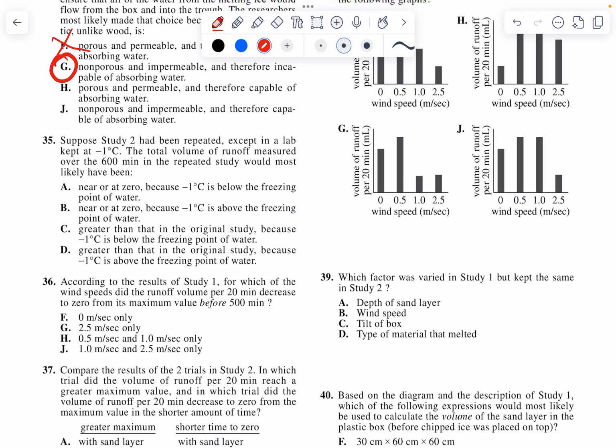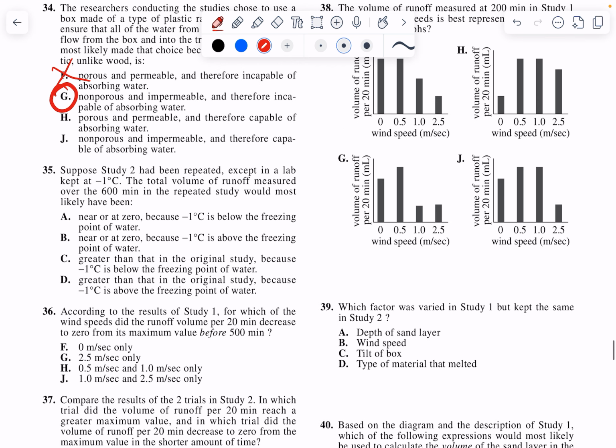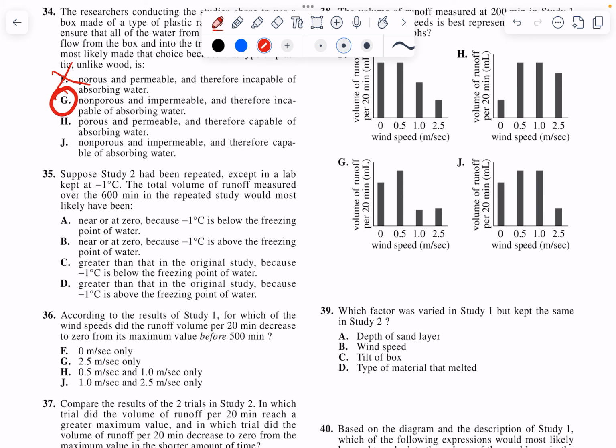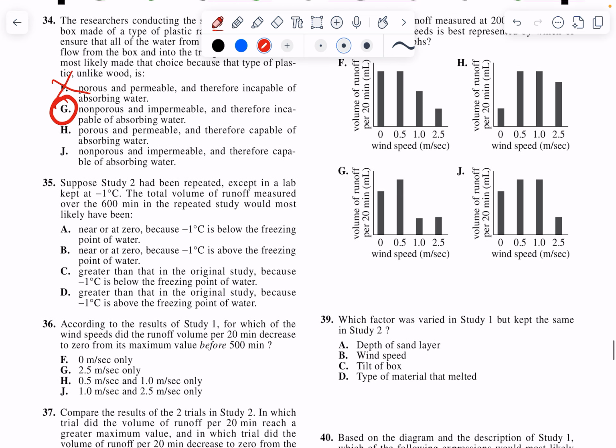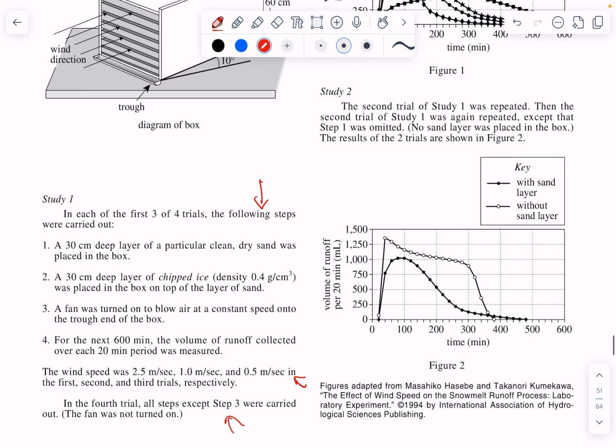35 says, suppose study 2 had been repeated except in a lab kept at negative 1 degree Celsius. The total volume of runoff measured over the 600 minutes in the repeated study would most likely have been what? Now this one here, we can take a look at study 2.